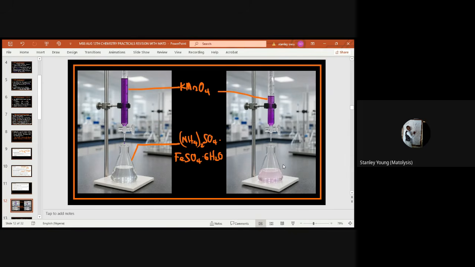You can see that the color is faint pink. So what you have on the right hand side is basically the finer, after the titration. Then on the left hand side, what you have is the beginning.